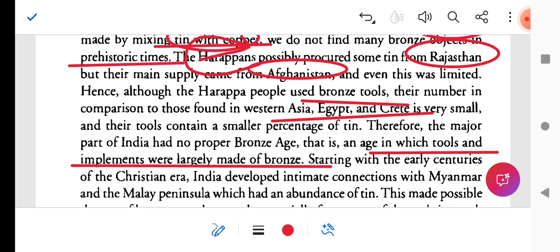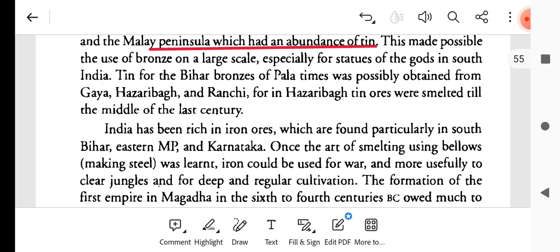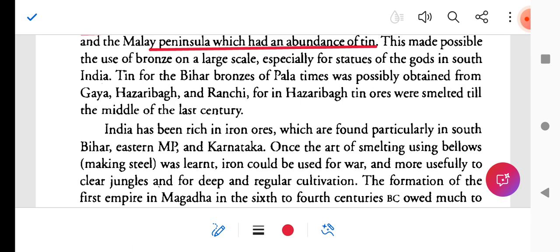Starting with the early centuries of the Christian era, India developed intimate connections with Myanmar and the Malay Peninsula, which had an abundance of tin. This made possible the use of bronze on a large scale, especially for statues of the gods in South India.